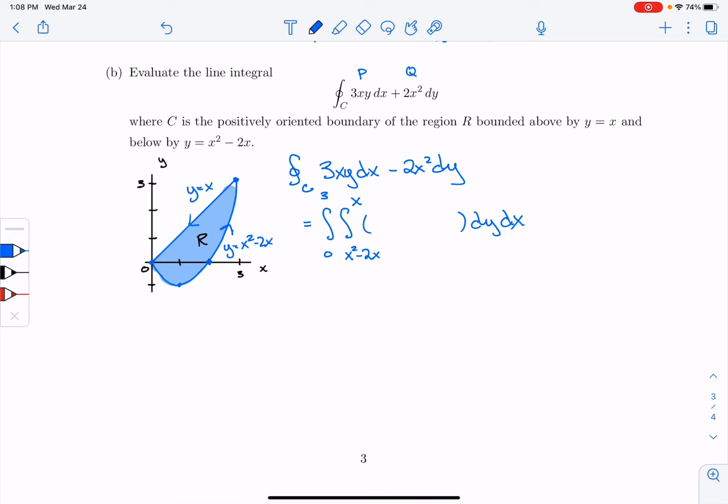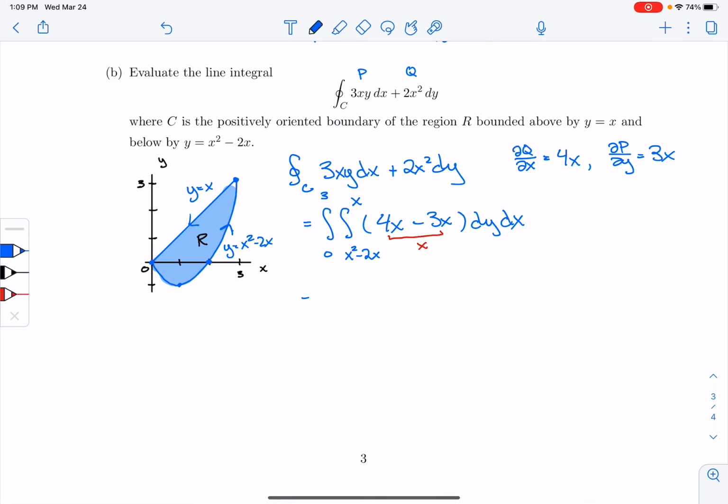And then what we want to do is integrate dq dx minus dp dy. So dq dx, in this case, is going to be 4x. And then dp dy is in fact going to be 3x. So what I'm going to integrate is 4x minus 3x. So in fact, what I need to integrate here is x.